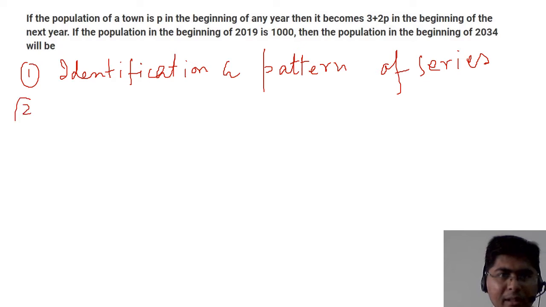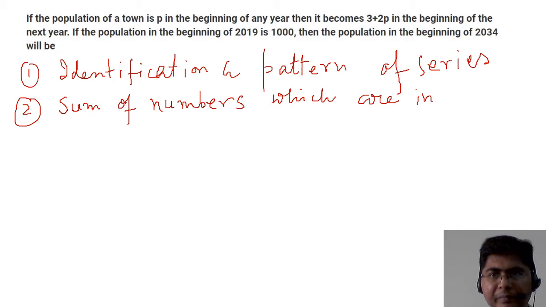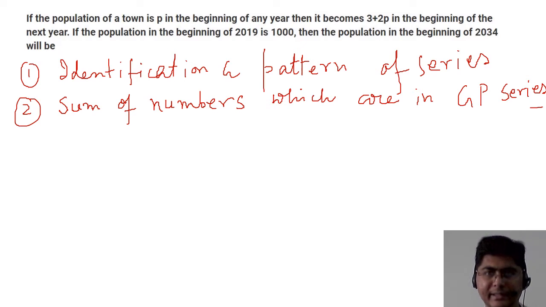And the second one, sum of numbers which are in a GP series. GP means geometric progression series.